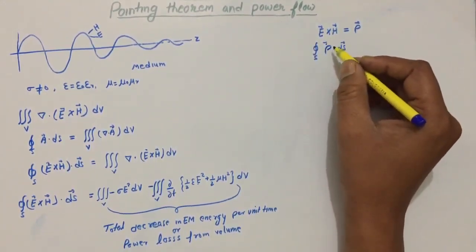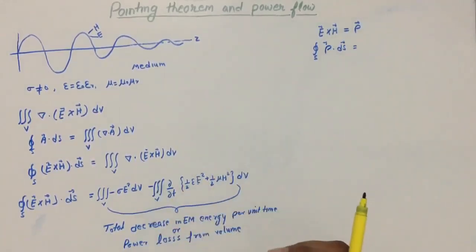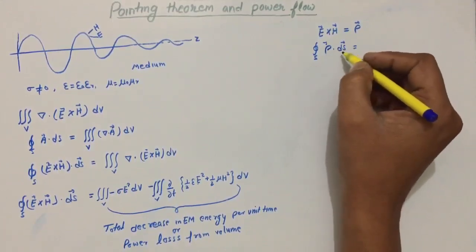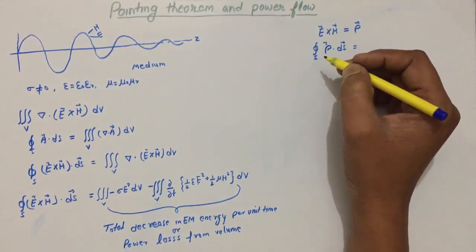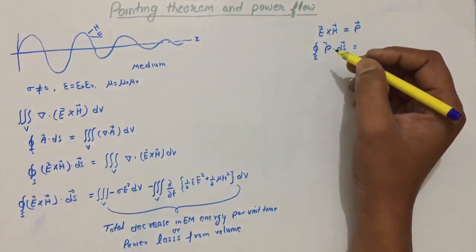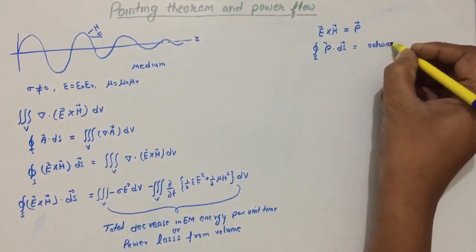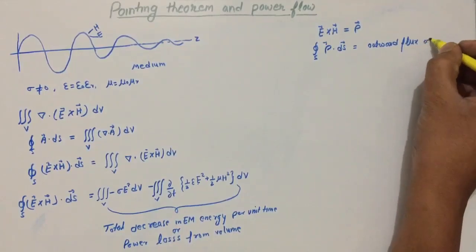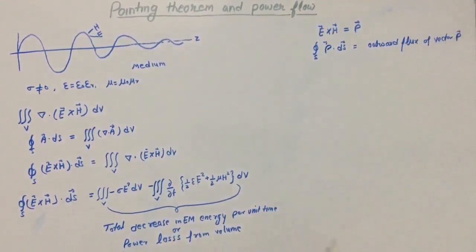Related from the Gauss law, this is the outward flux of vector P leaving the surface, or we can say leaving the volume.